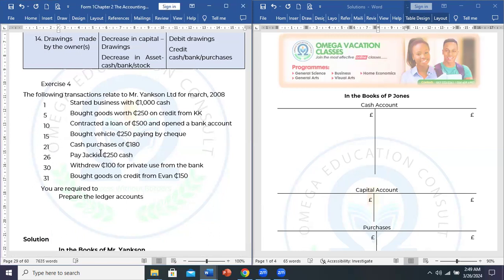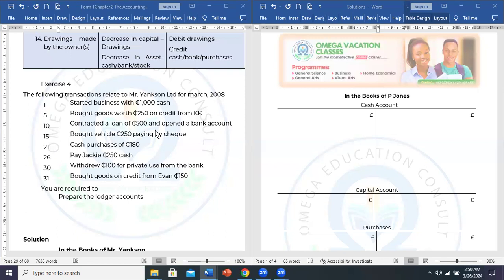The following transactions relate to Mr. Youngson Limited for March 2008. First March, started a business with 1,000 Ghana cedis cash. Bought goods worth 250 Ghana cedis on credit from KK. Contracted a loan of 500 cedis and opened a bank account. Bought vehicle 125 cedis, paying by check.